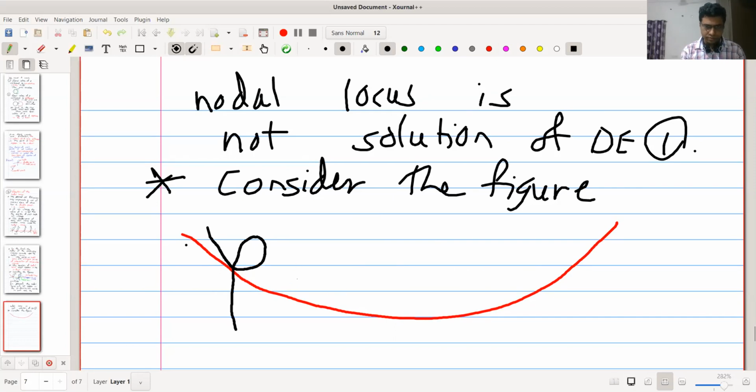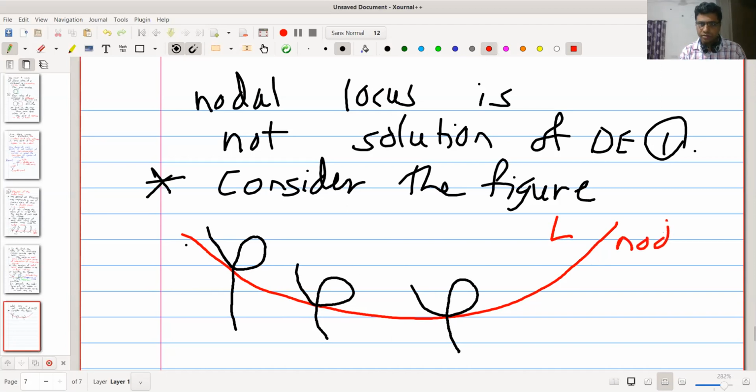These black colored curves are general solutions containing double points, and the locus of double points form the nodal locus L. And these are solution curves with different values of C.